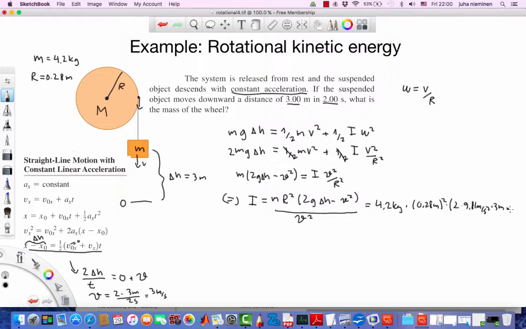And the whole thing is divided by v squared. And we get 1.82 kilograms meter squared for the moment of inertia.